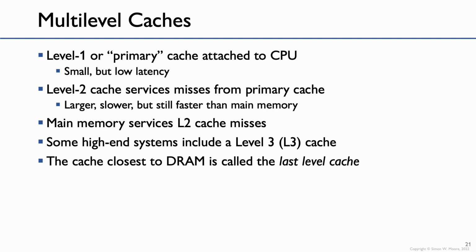In fact, I've even seen some systems with 4 levels of caching. But as I showed you on the Intel i9, that's got an L3 cache which is quite large, and that basically sits in front of the DRAM. The cache closest to the DRAM is usually called the last level cache.